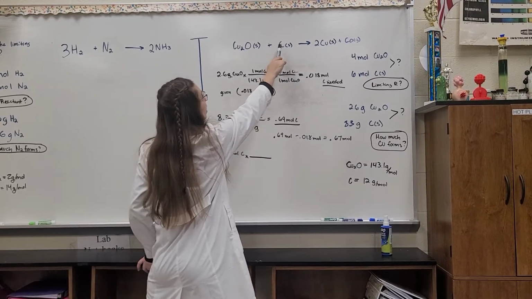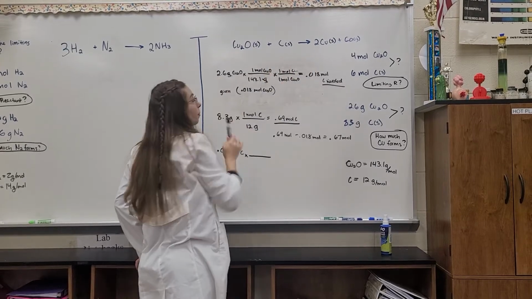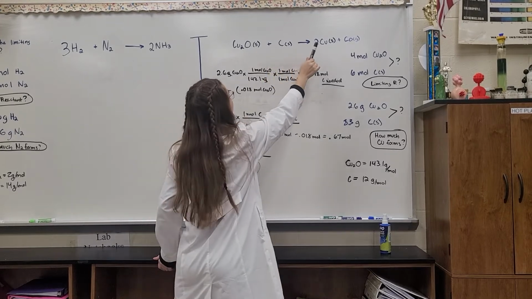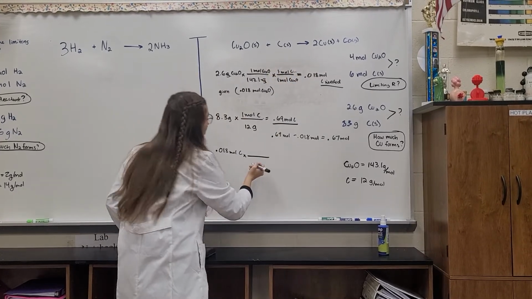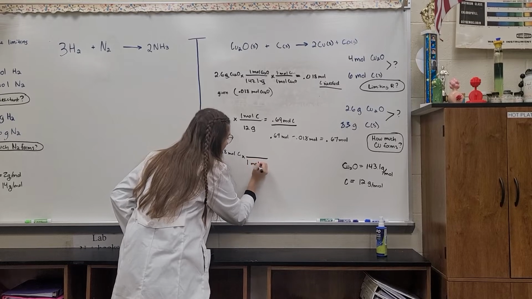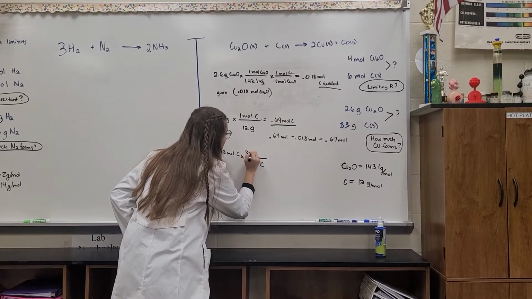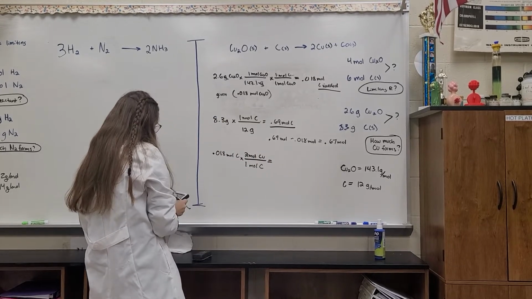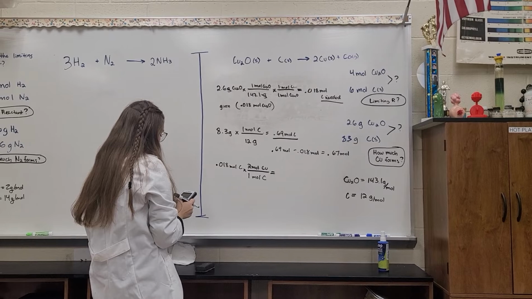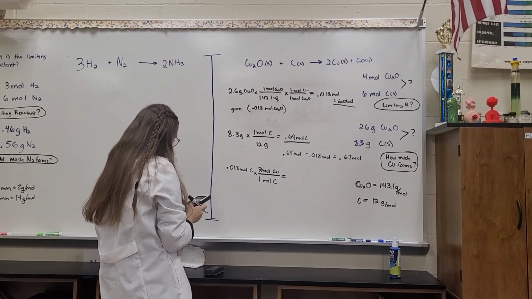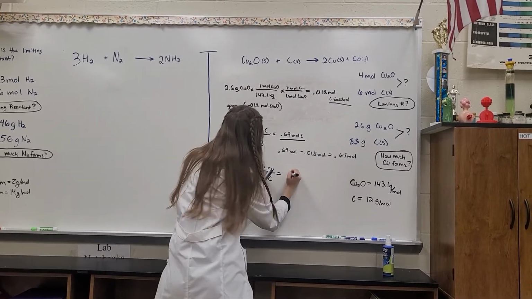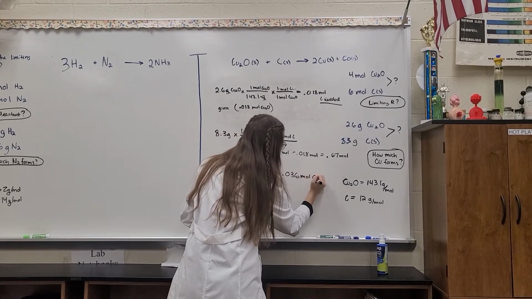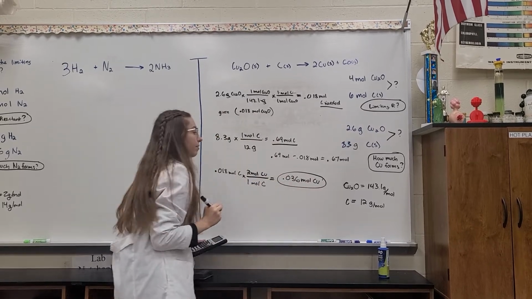Again, we have to look at the molar ratios, but they're not 1-to-1 this time. 1 mole of carbon reacts to form 2 moles of Cu. Now we multiply: 0.018, that we probably have on a previous calculator, multiplied by 2, gives us 0.036 moles of Cu that was able to be formed.